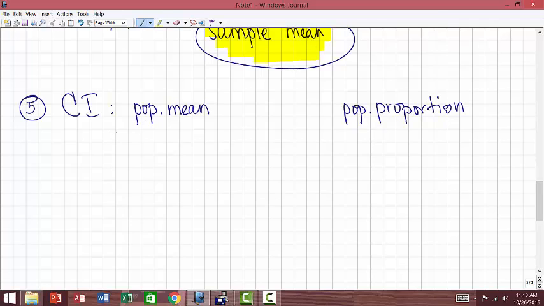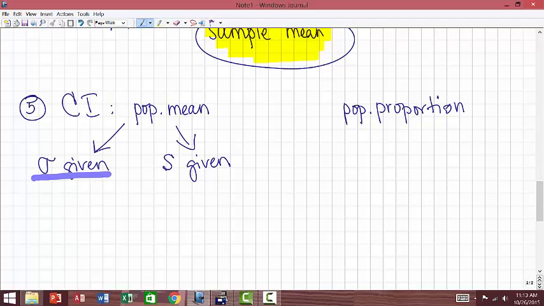Now, once you have population mean, there are 2 options here. Sigma is given, or if sigma is not given, then S is given. You are always given some sort of standard deviation. Sigma is the population standard deviation. S is the standard deviation of a sample.